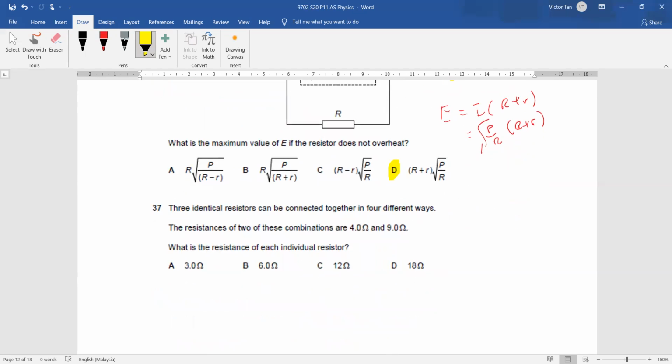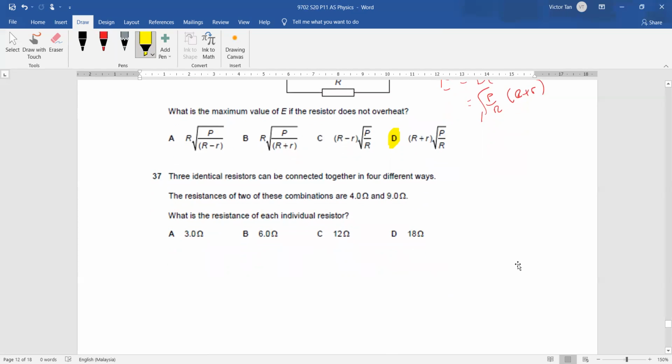37. Three identical resistors can be connected together in 4 different ways. Resistance of 2 of these combinations are 4 and 9. What are the resistance of each individual resistor? Identical. Maybe it is 3, 4, and 9.